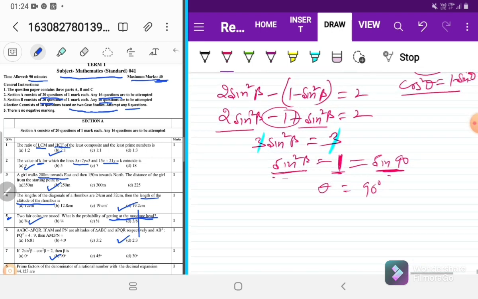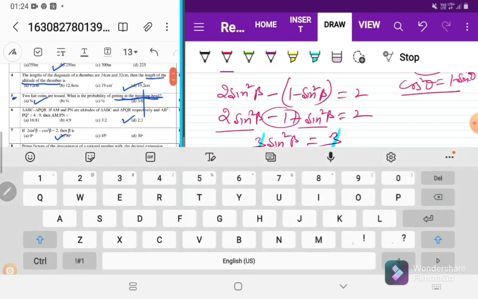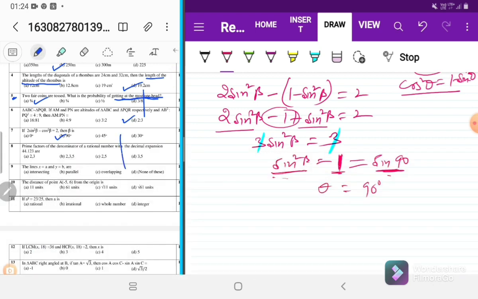So now come to question number 8. What is your question number 8? It is: prime factors of the denominator of a rational number with decimal expansion.